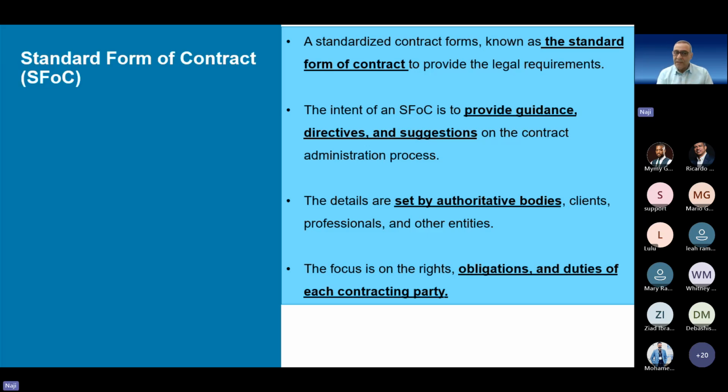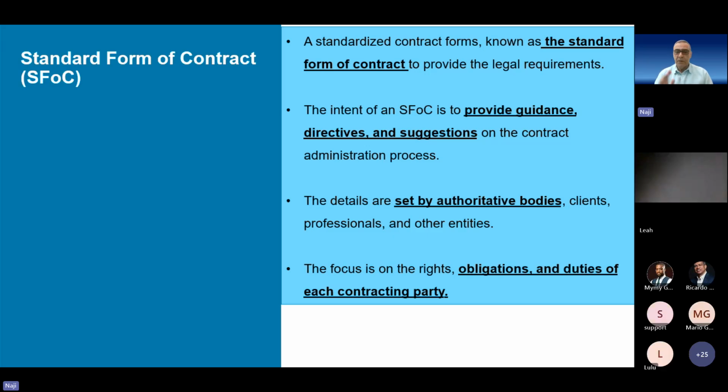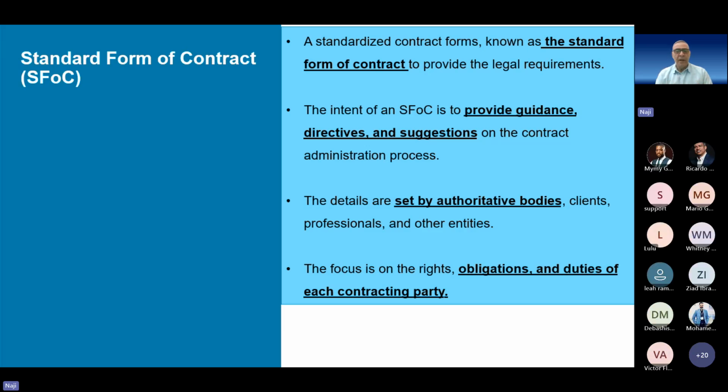So it is a form of a contract, like a watch-out. However, they don't provide a complete contract, and they should not, because it depends on the culture, the country we're working in, and the organization. So they just say there's a form, watch out for several legal aspects. Okay, moving on.